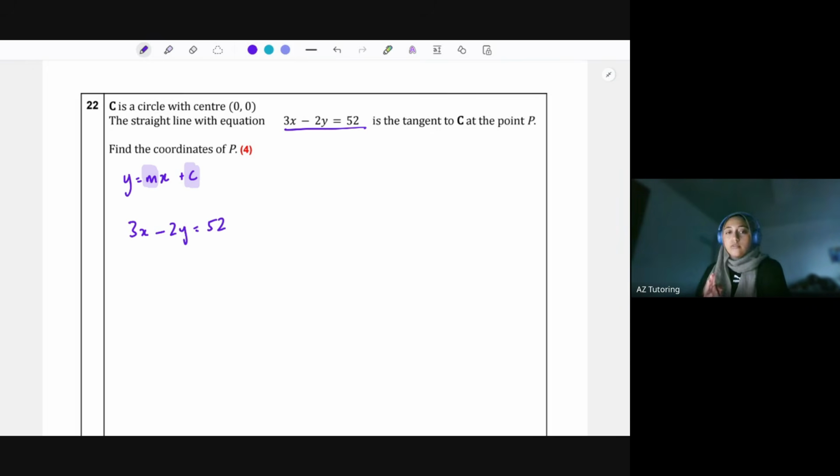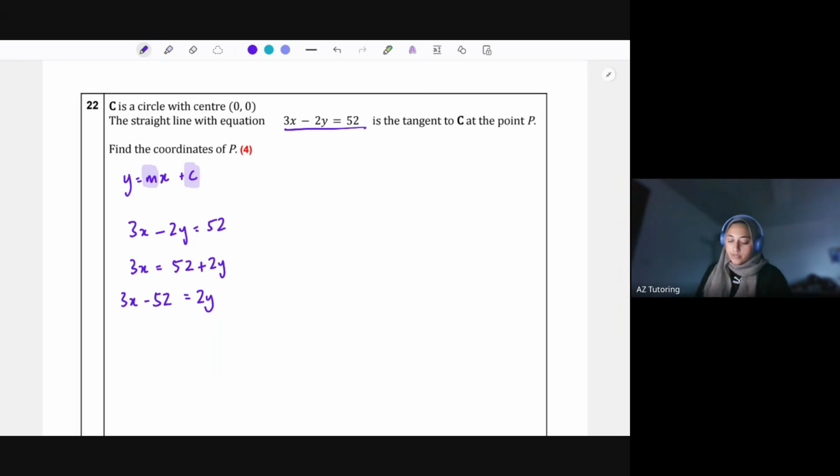I'm going to bring the minus 2y over to the right-hand side because I want to make it positive. So I've got 3x equals 52 plus 2y. I want it by itself, so I'm going to get rid of the 52 and put it over to the other side, so I'm going to minus it. 3x minus 52 equals 2y.